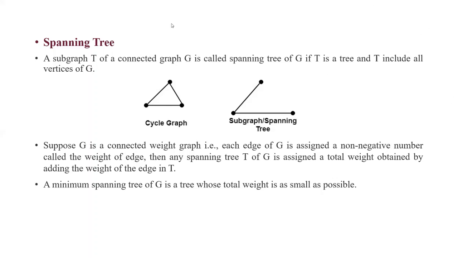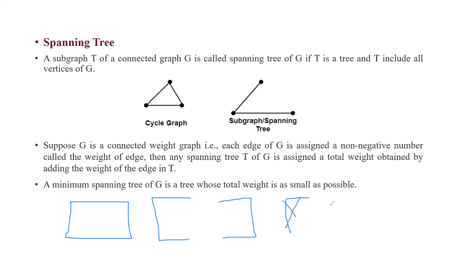Same example we'll see here. Suppose this is the graph, and these are the different spanning trees. This one has weights 1, 4, 3. Again, this one has 1, 2, and 3. This one has 4, 3, and 2.